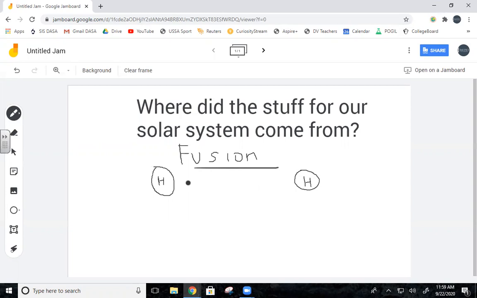We're not going to go into as great of detail as we do in astronomy, but I want you to understand that when two hydrogen atoms run into each other, they create a helium atom, okay?